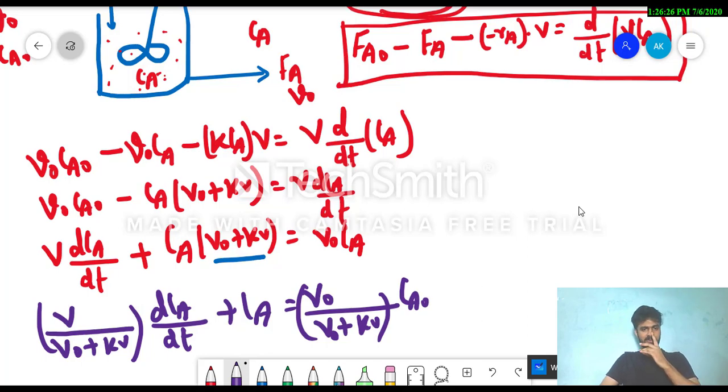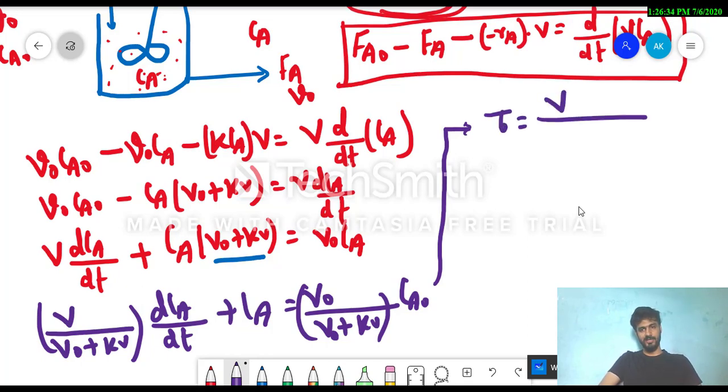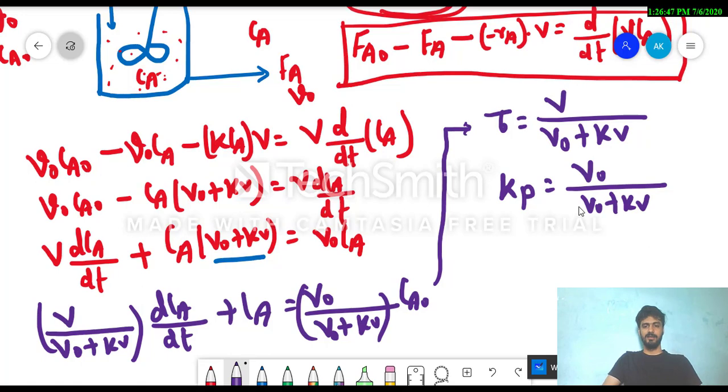So you have got the first order differential equation, and from here you already know that if you compare, tau equals V upon V naught plus Kv, and my dear student, the gain of the process equals V naught upon V naught plus Kv. If you compare, it is a very easy thing that you can calculate.